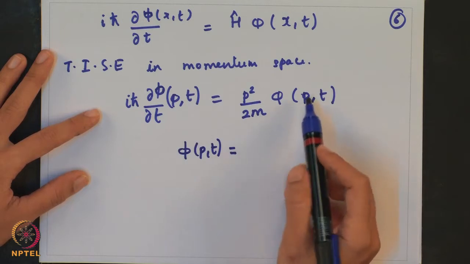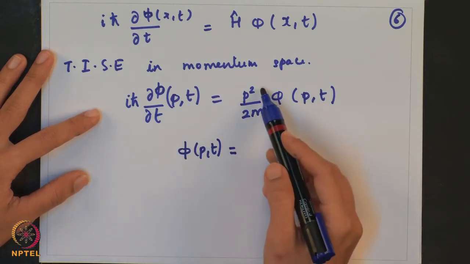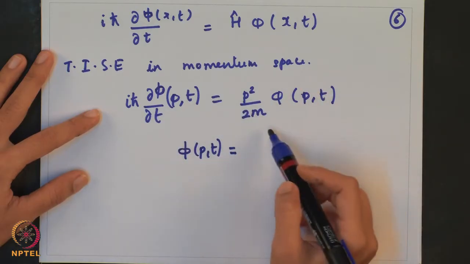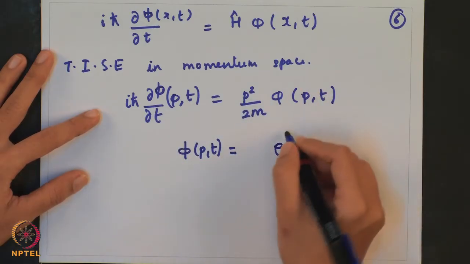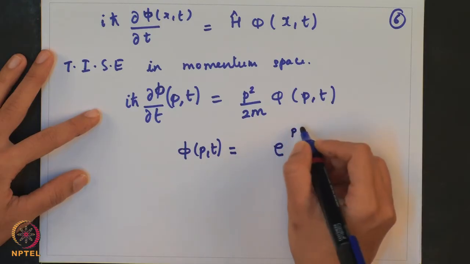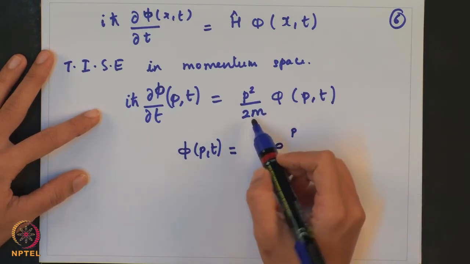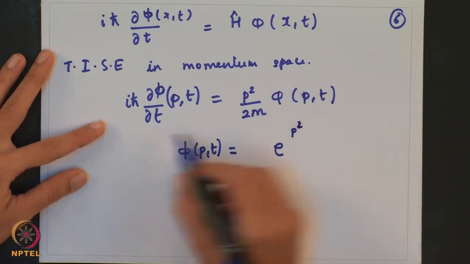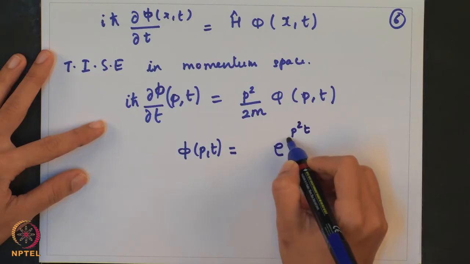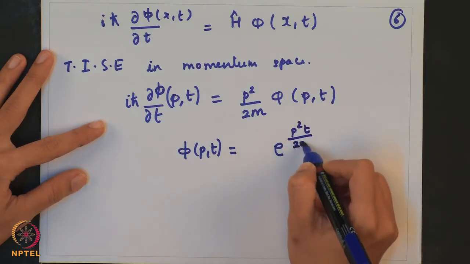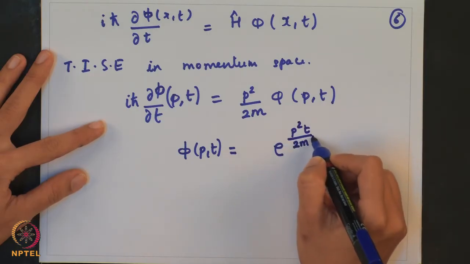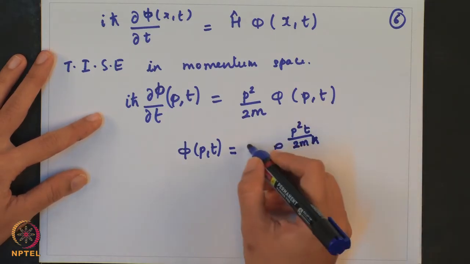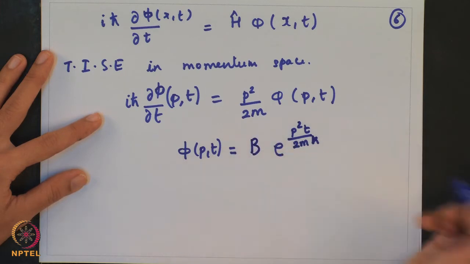You can easily take this i h cross, so I will have h cross upstairs with i, and you can obtain the expression: you will have p squared, t, upon 2m h cross, with some constant term.